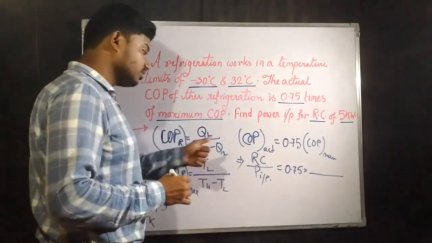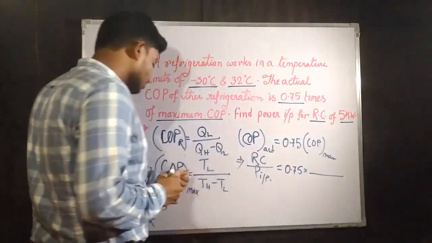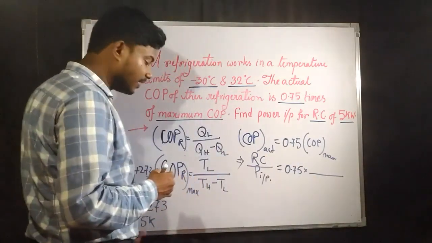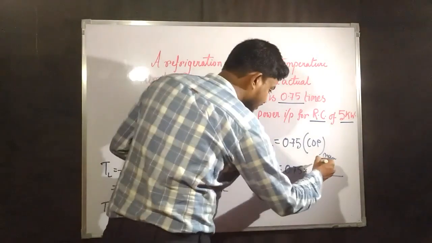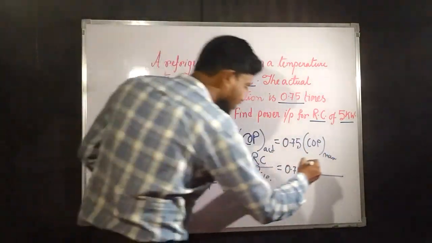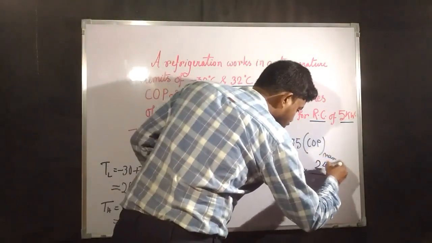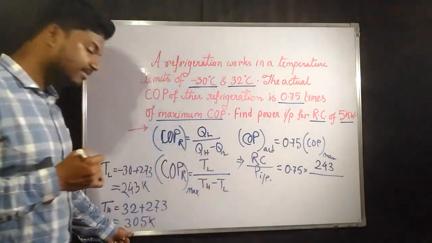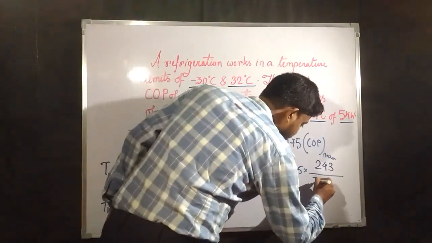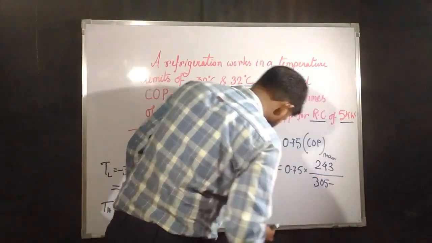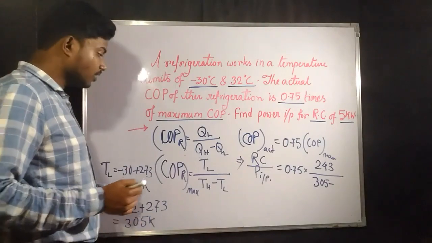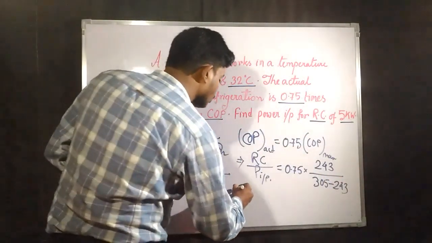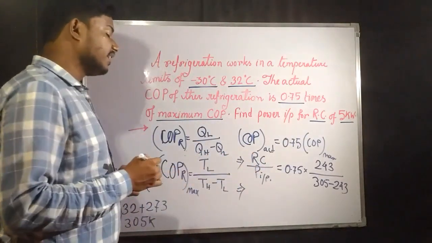Now put these values in the equation. In place of this, COP max will come here. In the numerator it is TL, which is 243. Now TH minus TL: TH given is 305 Kelvin, 305 minus 243.